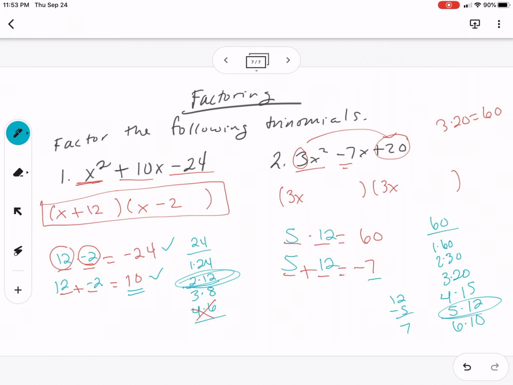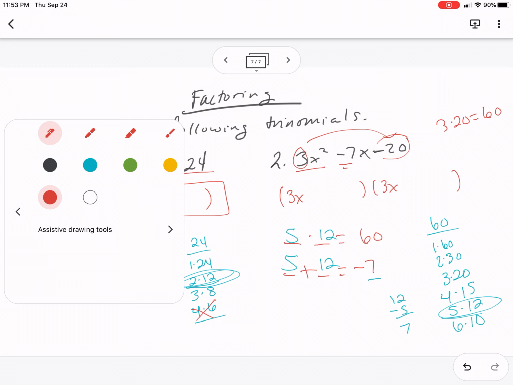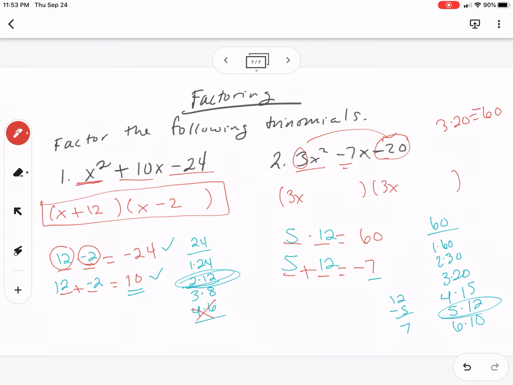Sorry, I just realized I made a little mistake here. I believe I wanted it to be a negative 20 in the problem, so let me fix that. Sorry, this should have been a negative 20. So that's going to make this a negative 60. Sorry.